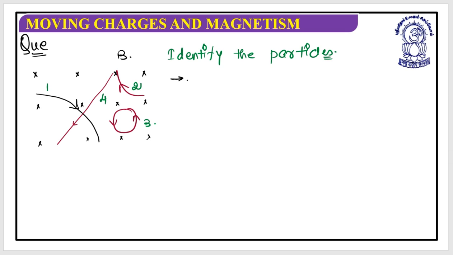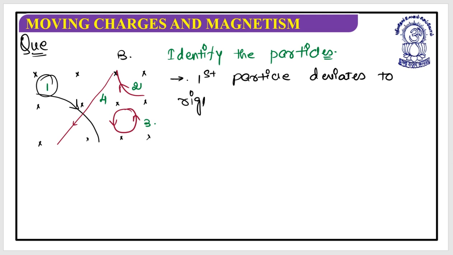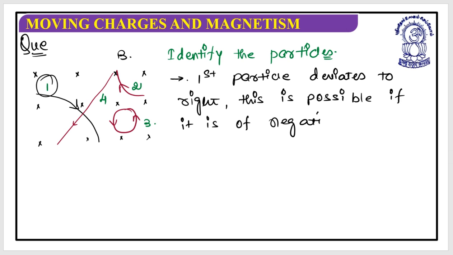Okay, so let's conclude that the first particle deviates to the right, and this is possible if it is a negatively charged particle.